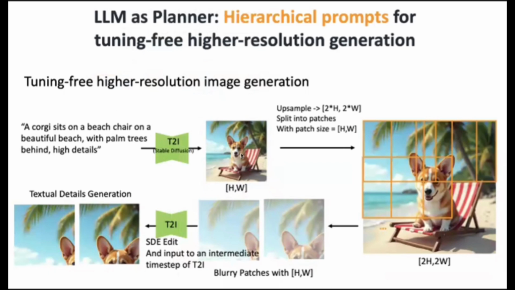And after that, we interpolate the image to a higher resolution, but the image will become kind of blurry. So in order to increase the texture details of this image, we will patchify the larger image into different patches, where the patch size is the same as the low resolution text-to-image model. And then we add noise to the different patches, and we feed the patches into the text to image models to generate some texture details.